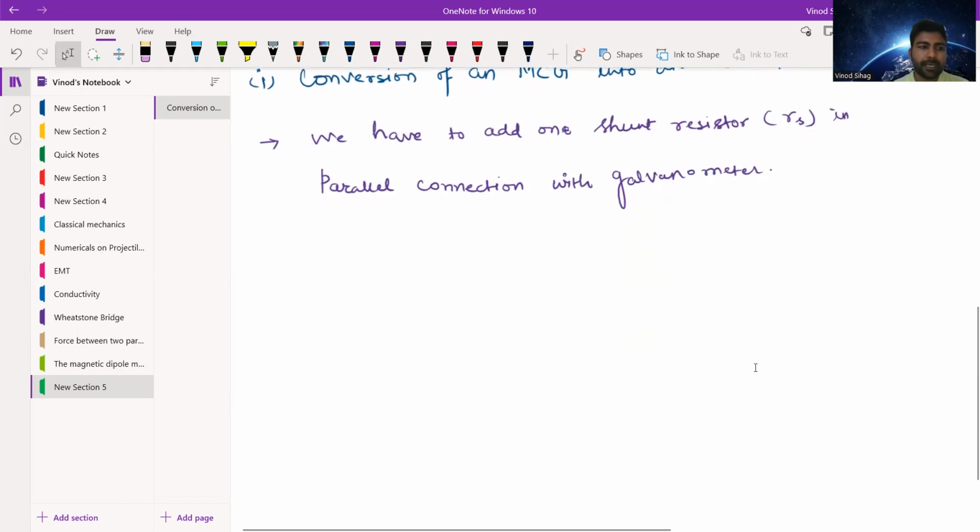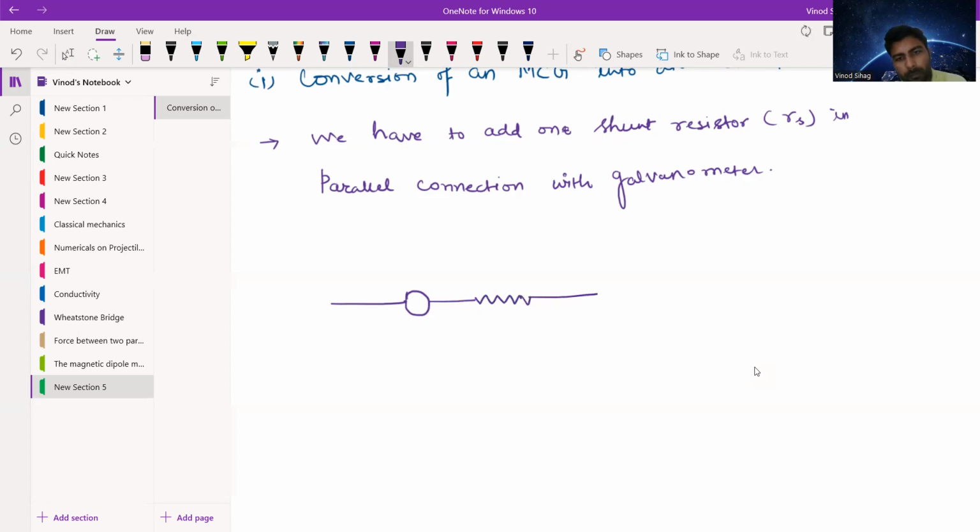So let's draw the diagram again. This was the original galvanometer.